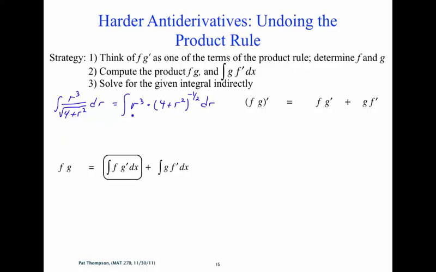R cubed would be g prime. R cubed would be g prime, because if this were g prime, then we wouldn't be able to get g, right? All right, so g prime is going to be r cubed. We do f first. So f is this thing, and g prime is this thing.